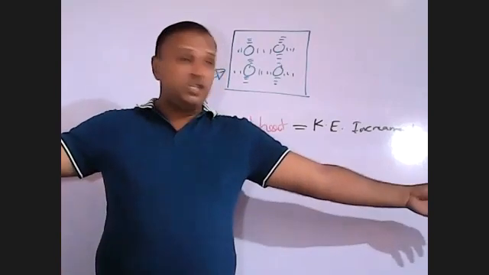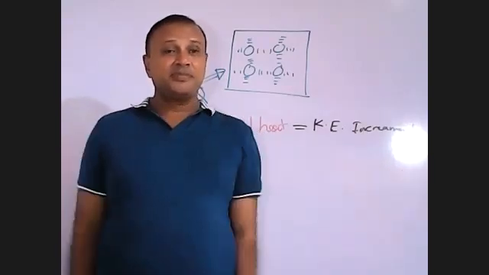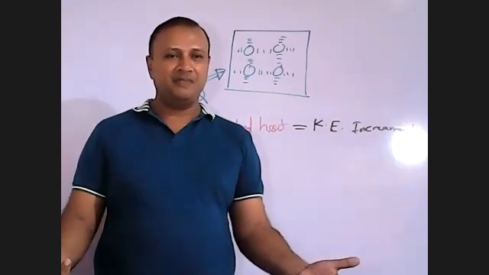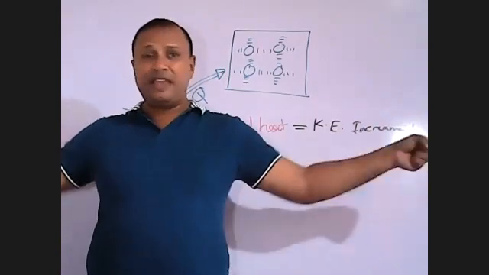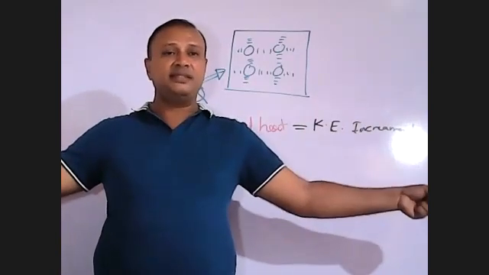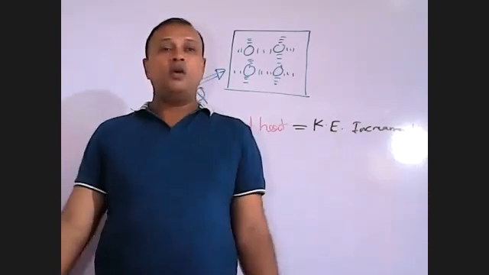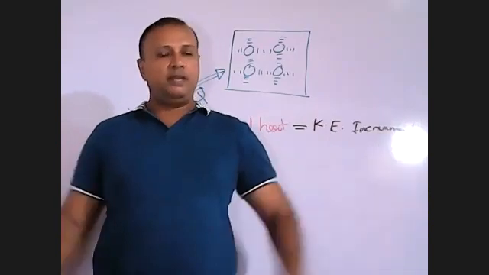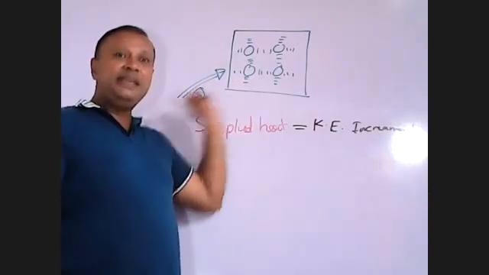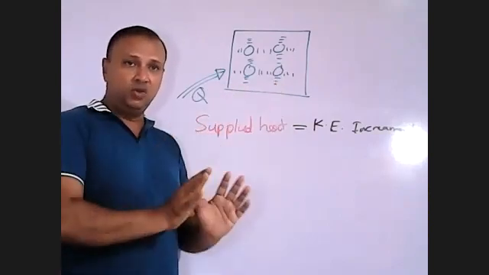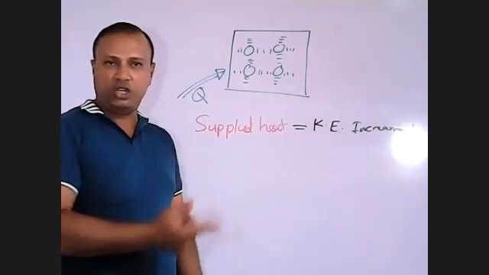Then the bonds between us will be broken. But up to that level, we can bear our hands. That means the intermolecular bonds won't change up to that level. Therefore, the supplied heat is totally used to increase its kinetic energy, not the potential energy.